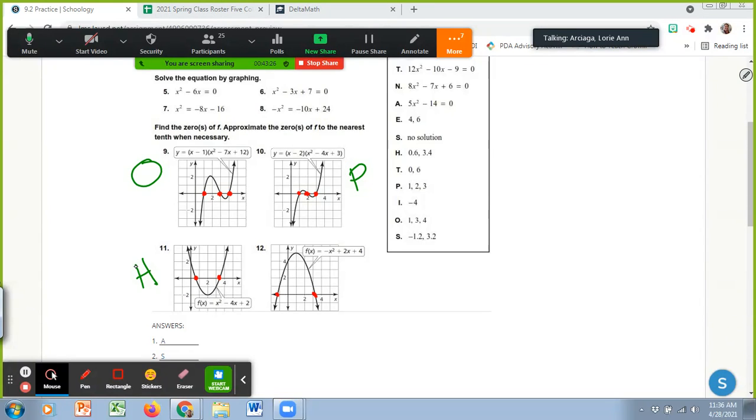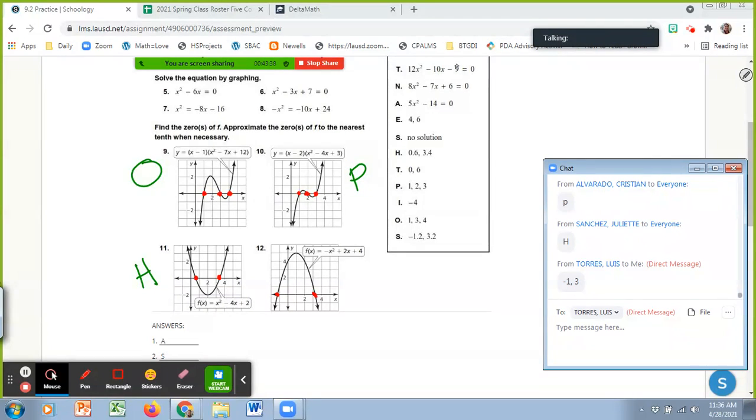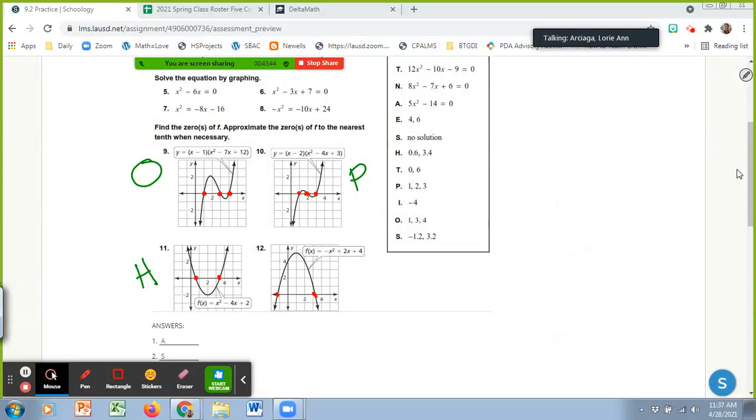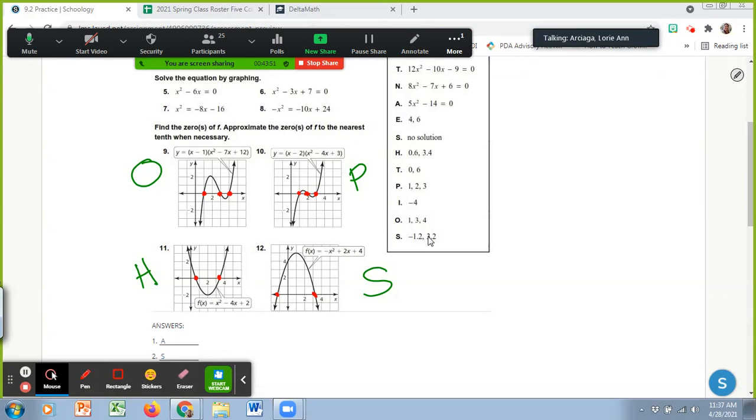H. Very good, Juliet. And number 12? 1 is to the left of 0, so one of them has to be negative. Negative 1 and 3? I don't think so. They didn't fall on the exact dot. Yes, very good. It's letter S, the last letter. Negative 1.2 and 3.2. Good job.